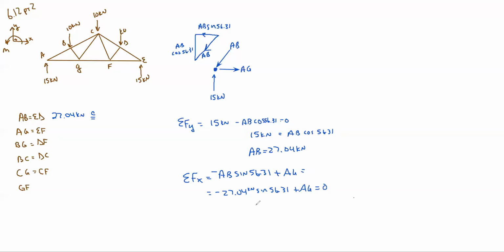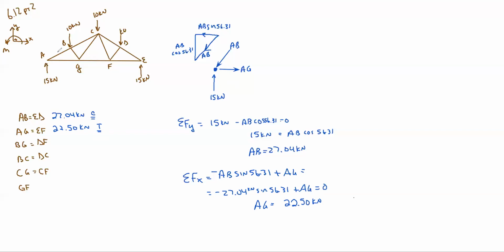If you do the arithmetic, you get that AG is equal to 22.50 kilonewtons. Go ahead and fill that in, 22.50 kilonewtons, and that one is in tension, pulling away from the pin as a reaction to the member being pulled apart.